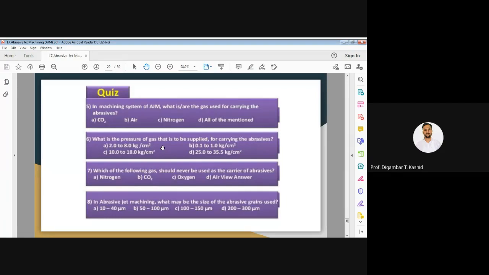The next question: what is the pressure of the gas that is to be supplied for carrying the abrasive? Okay, so I was telling about the statistic in the last lecture, which I am telling now. I have taken that from the advanced machining book. So just remember that statistic. Here, 2 to 8 kg per centimeter square is the range. What will be your probable answer or prediction? Tell me A, B, C, D. Just see on the screen and tell me the answer.